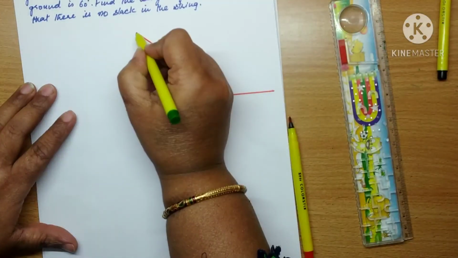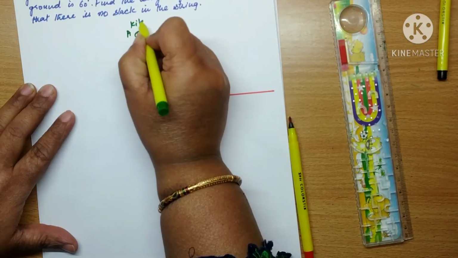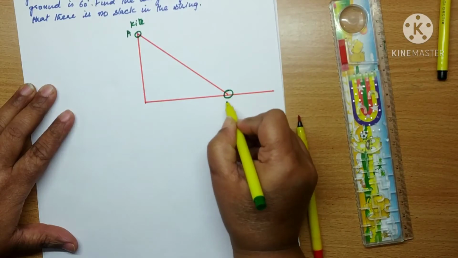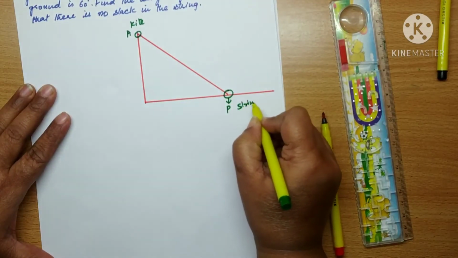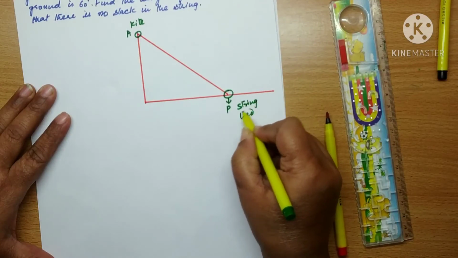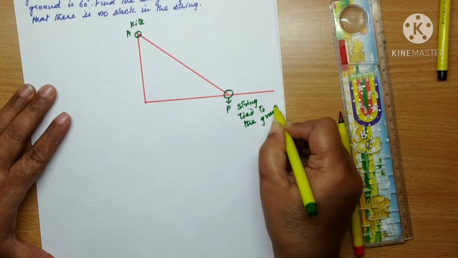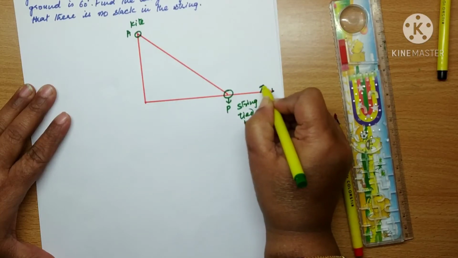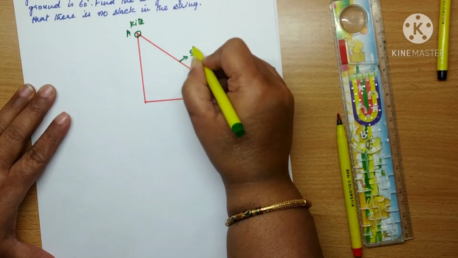See, this is my kite. This point is my P, string tied to the ground. This is my ground. This is string.